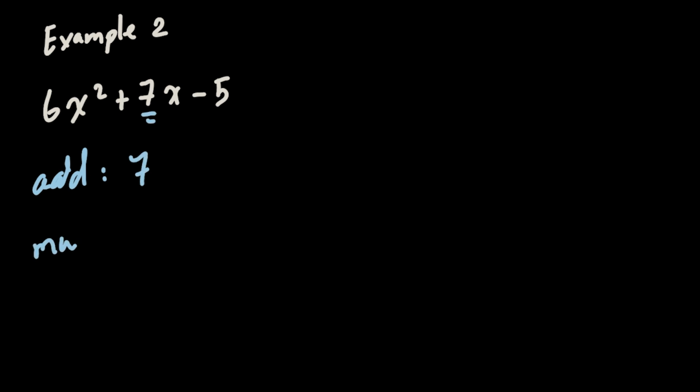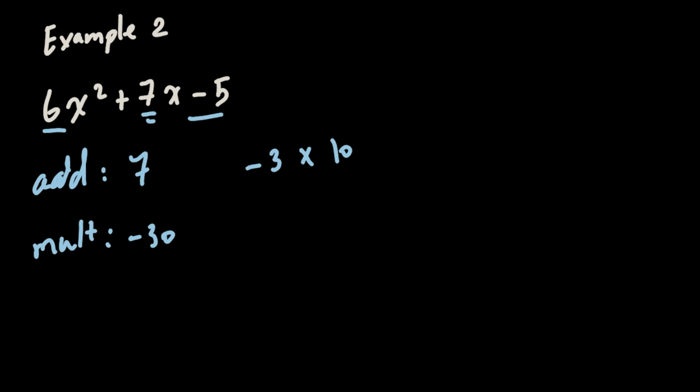And in multiplication, we will get 6 multiplied by minus 5, so it's minus 30. So we want two numbers whose addition is 7 and whose multiplication is minus 30. If you search for two numbers, you will get minus 3 and 10. So the multiplication is minus 30 and the addition is 7.